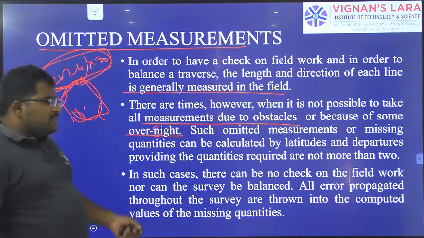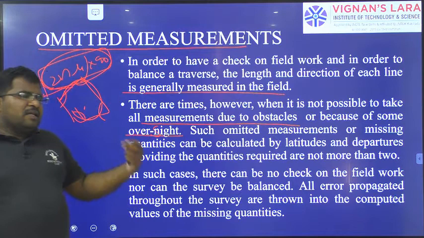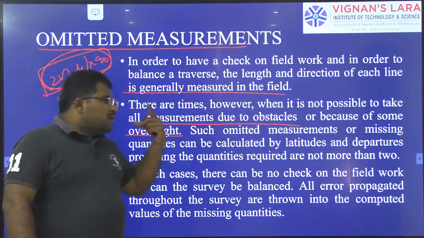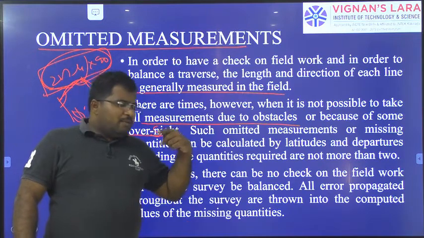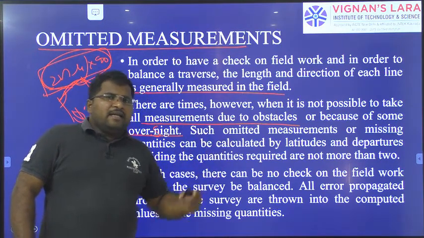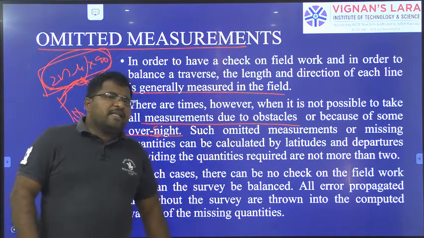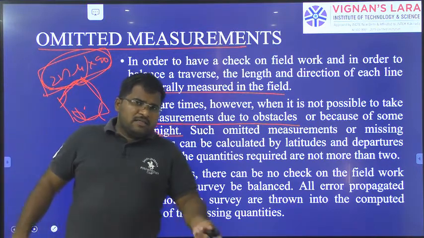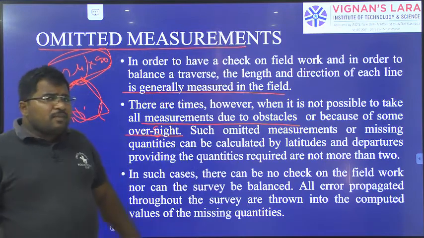Due to some reasons, such as some building, some tree, or some mountain, we are unable to take the length, or we are unable to take the angle. When we want to see a flood or a river, it is not possible to measure the length.